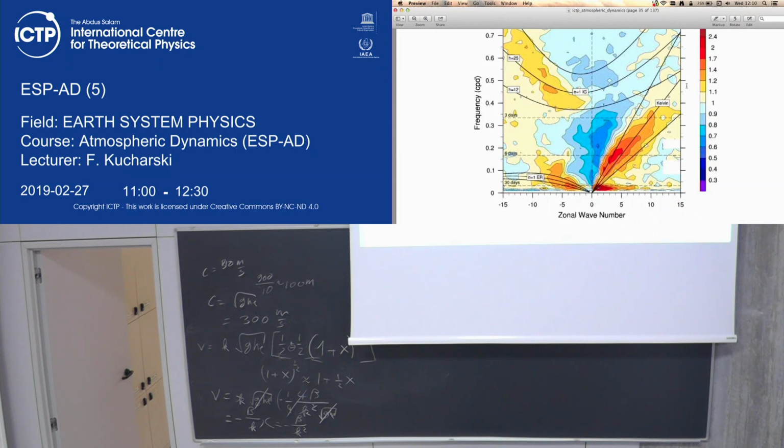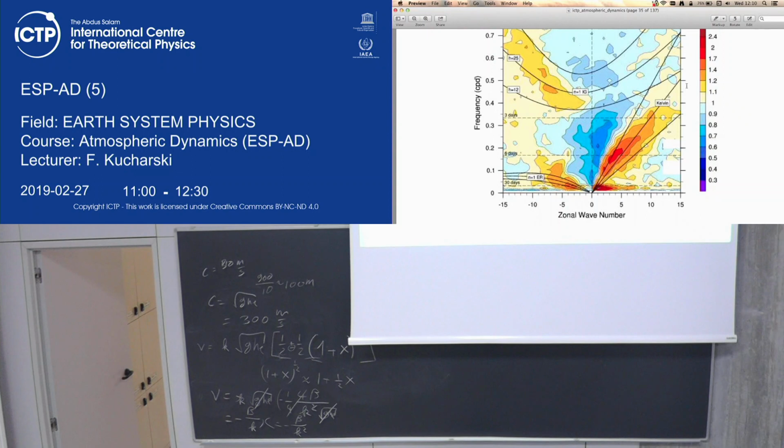Then we also have to consider a damping term, which would be just Rayleigh damping of all the velocities. And for the ocean, we think about it in a very similar way. We also have a forcing term, which will be the wind stress at the surface. So we again have a forcing for our Kelvin waves, which is wind stress at the surface, and a damping term, which is again just a Rayleigh damping, a very simple friction assumption for our velocities.